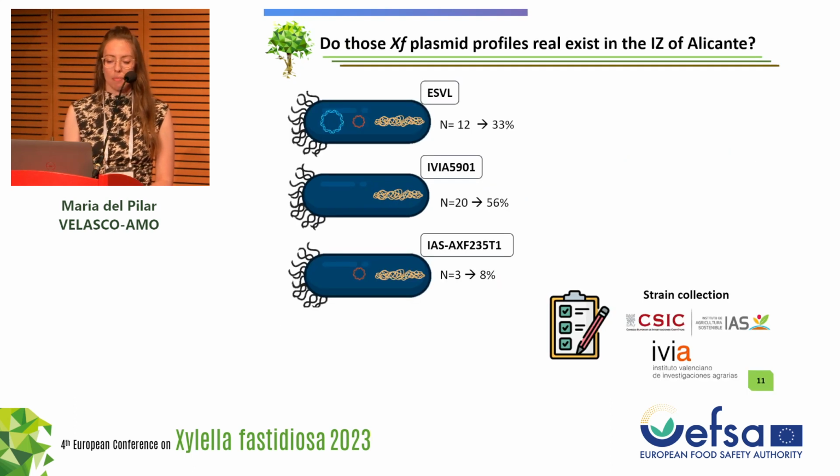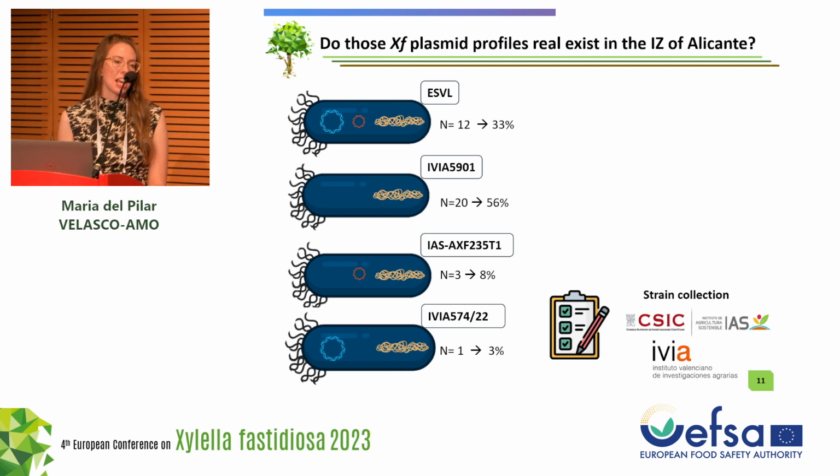So to be sure that these new genotypes exist in nature, and to have a strain that is characteristic of this genotype, we did a screening in the strain collection of the EFSA and EVIA.